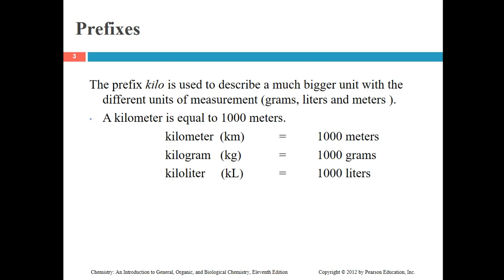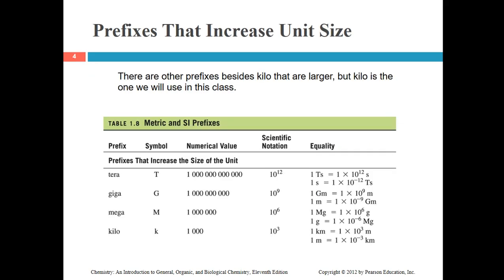What does the K stand for? Kilometers. And so the kilo prefix, for example, can be used with, again, the meter, the gram, or the liter. The kilometer is usually how we say it. The kilogram, the kiloliter. So as we go to the next slide, let's look at some of the other prefixes that are bigger than kilo that I mentioned earlier.